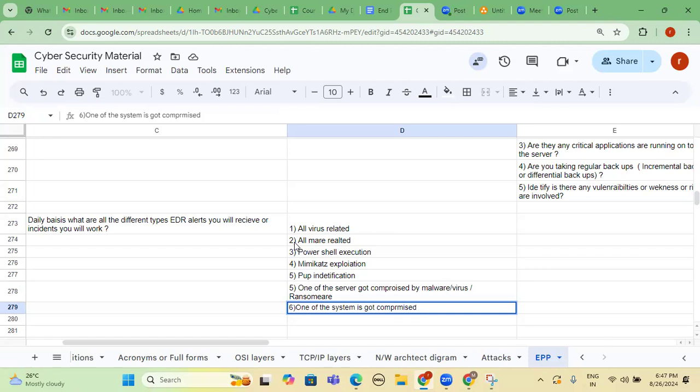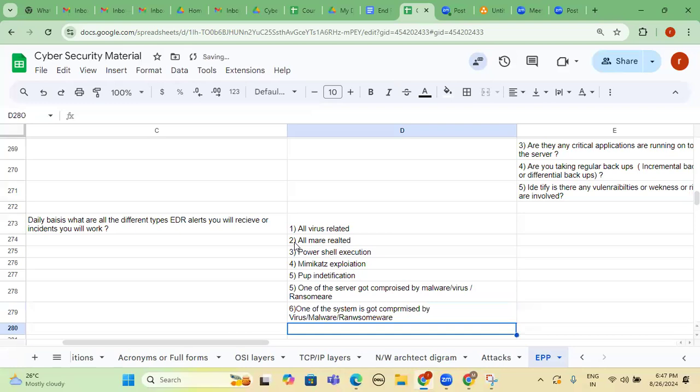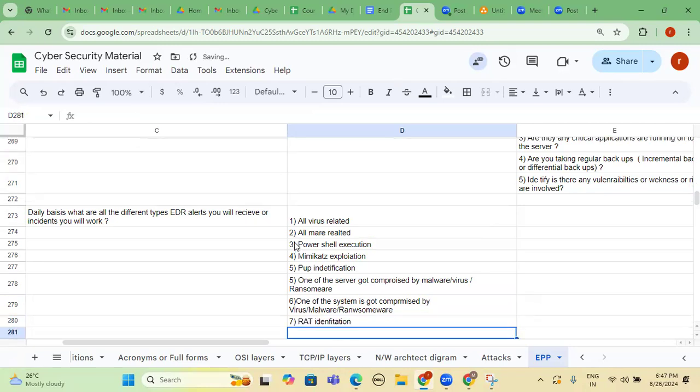Here system means only one endpoint, one computer machine only, compromised by virus, malware, ransomware. Okay. So remote access Trojan identification. So these are all dedicated to EDR only.